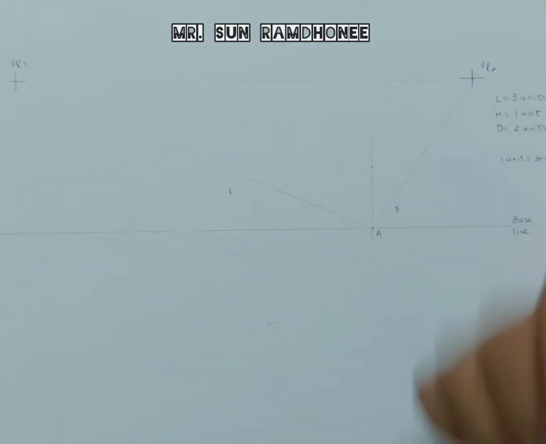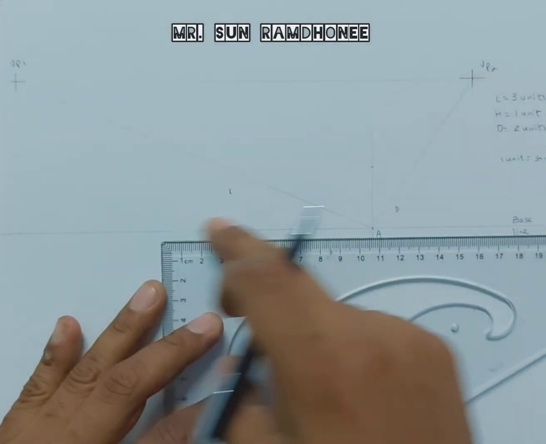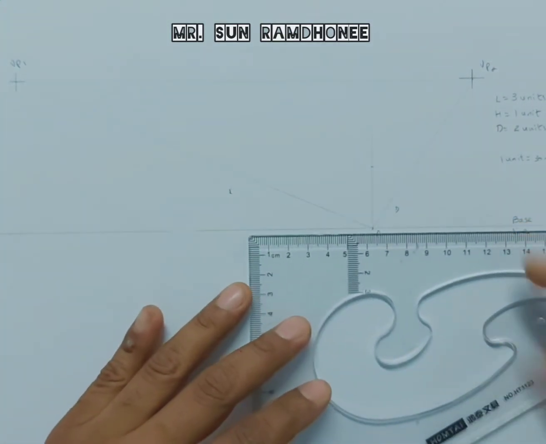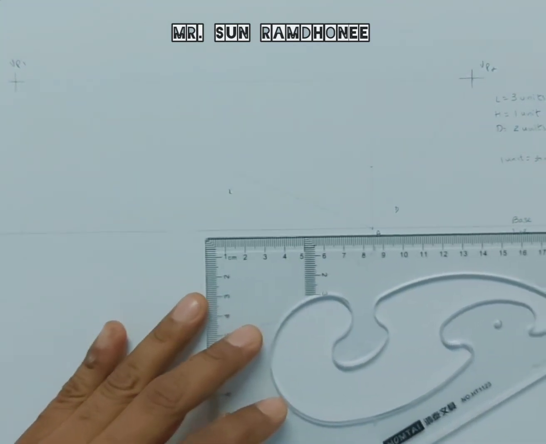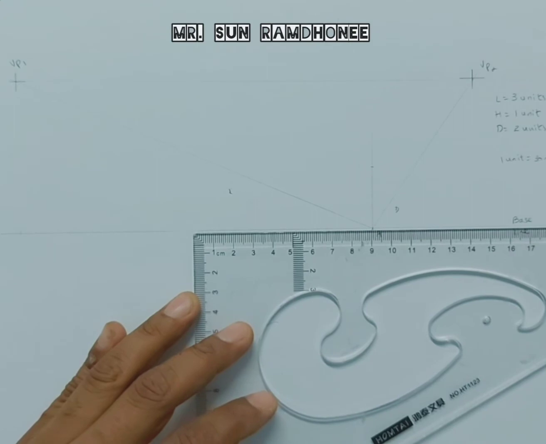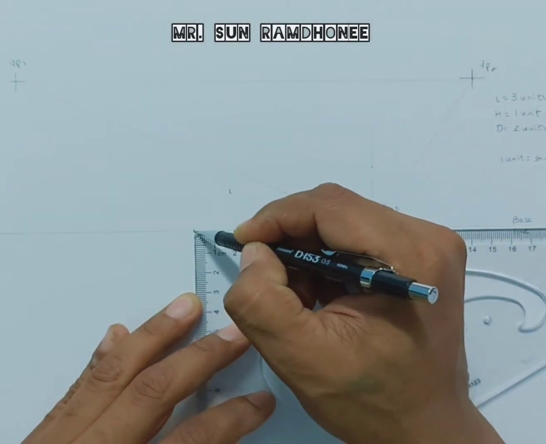So how are we going to draw it? It is very simple. We're going to measure the length line here on the baseline. The length is 3 units, which is equal to 90. We're going to measure 90, and then we're going to mark the location here.